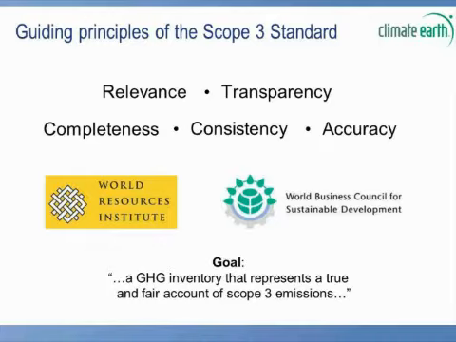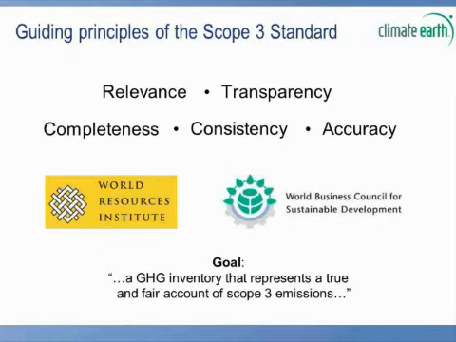Now, the standard itself was put together by these two organizations, the World Resources Institute and the World Business Council for Sustainable Development. And in case you're not familiar with those two groups, WRI is a global think tank, and they manage this fairly complex stakeholder process for developing standards within the Greenhouse Gas Protocol.